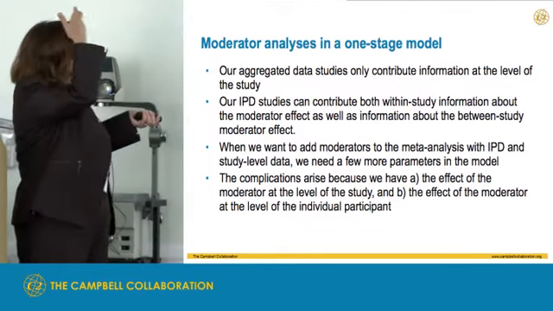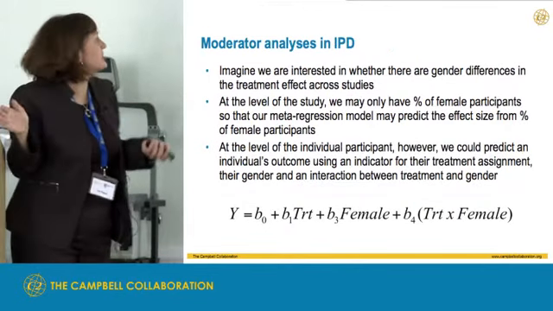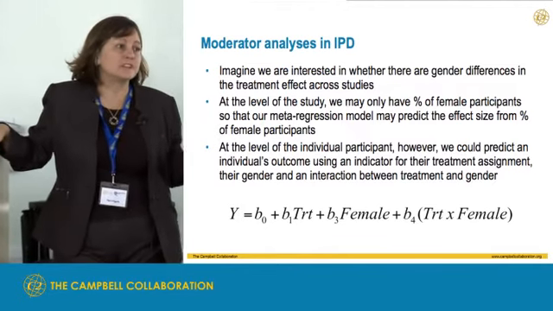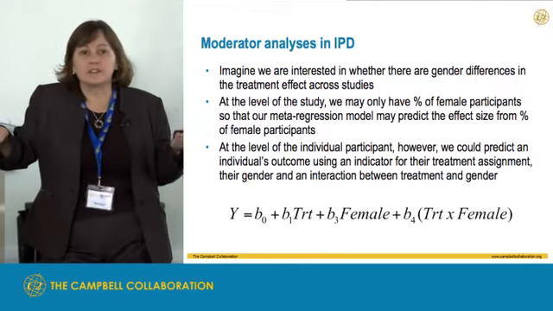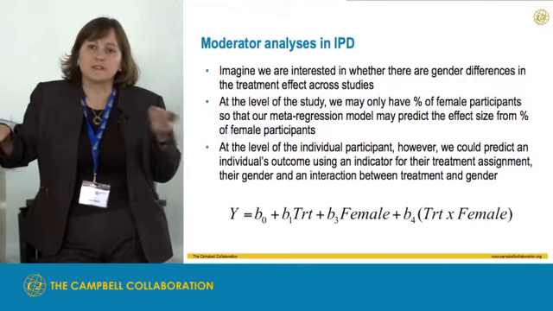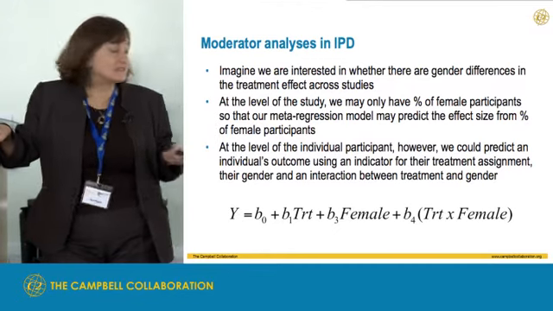So for example, if we're interested in whether there are gender differences in treatment effect across studies, at the level of the study, we might only have the percentage of female participants. And so we might do a meta-regression at that level looking at the relationship between the percentage of female participants and the treatment effect at the study level.